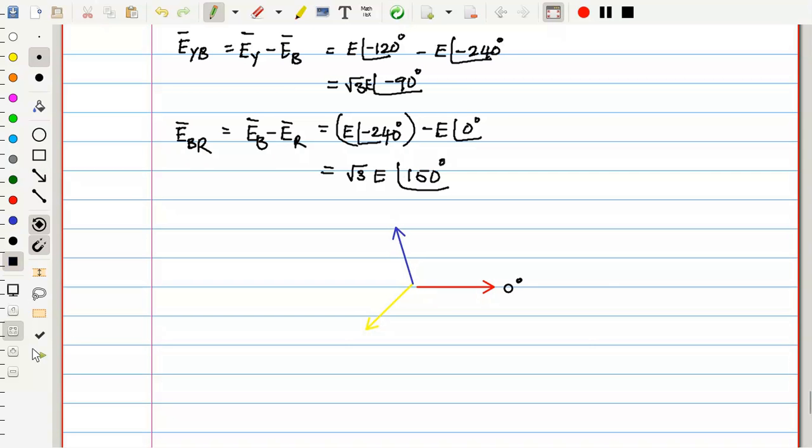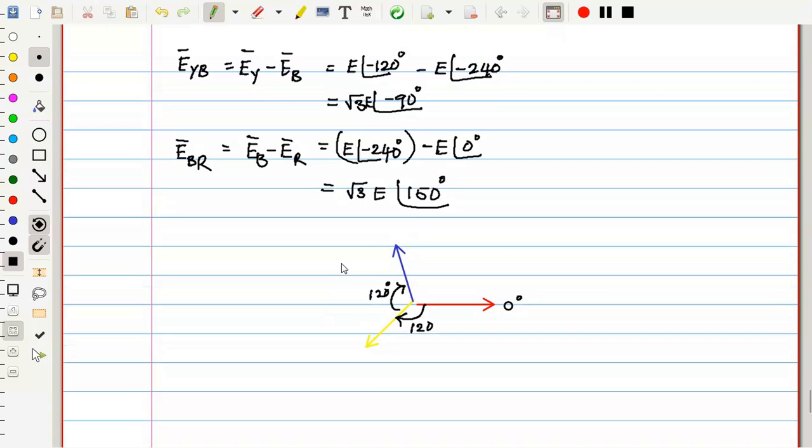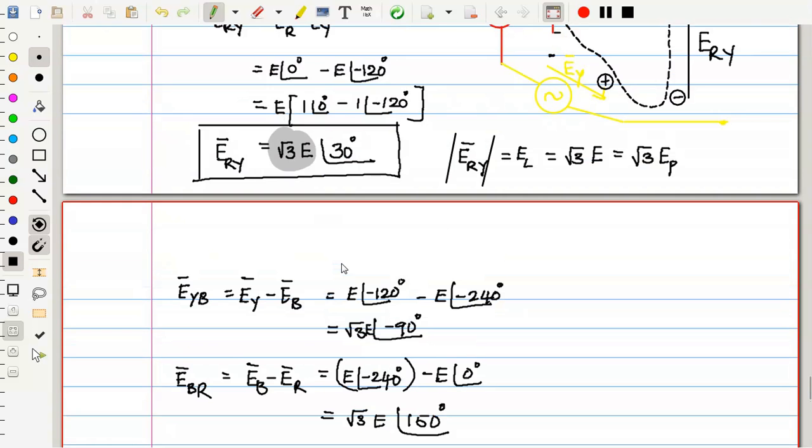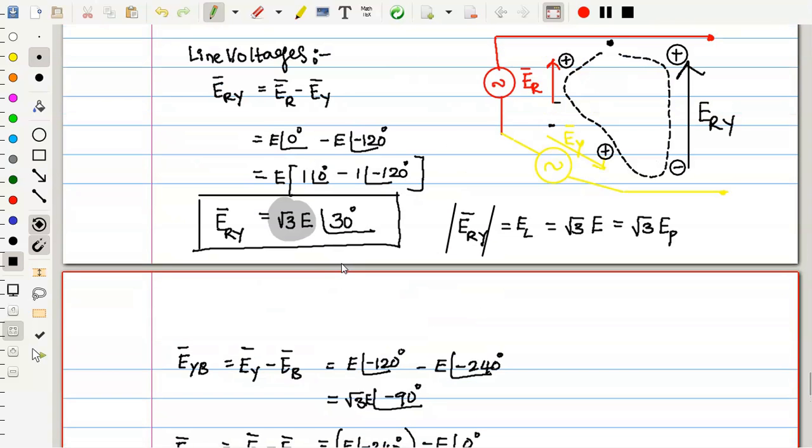So R is at 0. So this is 120 degrees lagging. This is further 120, together from the reference is 240. Now try to observe that. What is the ERY? ERY is the phasor sum of ER and EY.